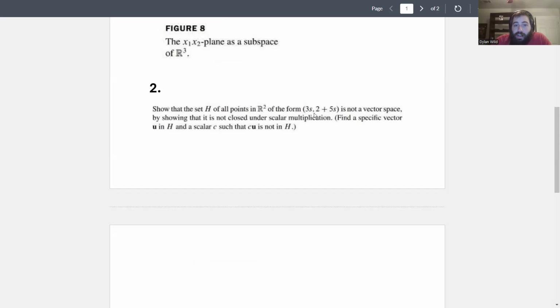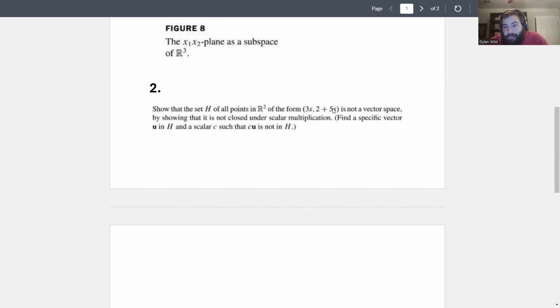Now, if we backtrack through some of the math here, if I know that 6 is equal to 3s, then I can figure out what s should be. s should be 2. Now, if I plug 2 into here, that's where we encounter a problem, because 2 times 5 is 10, plus 2 is equal to 12.